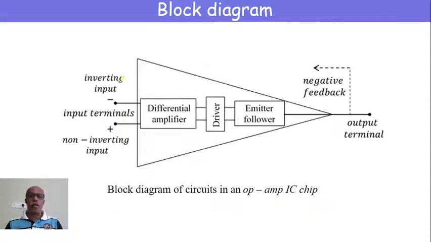These inputs have very high impedance and the output terminal has very low impedance. This is the integrated circuit of the operational amplifier, which consists of differential amplifiers, drivers, emitter followers, etc. And this is the feedback network, negative feedback. Feedback is applied to the inverting terminal.